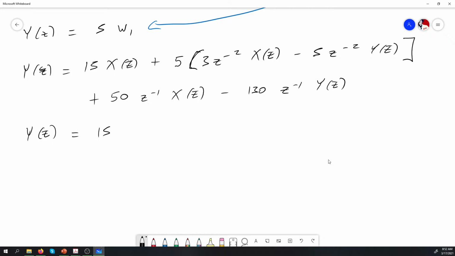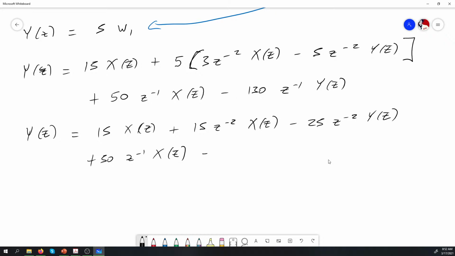So this is going to be 15 z plus 15 z to the -2 x of z minus 25 z to the -2 y of z plus 50 z to the -1 x of z minus 130 z to the -1 y.